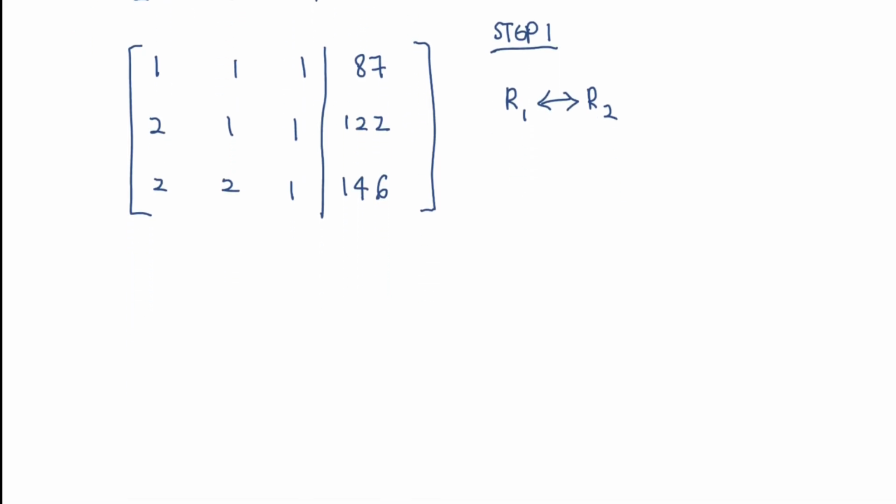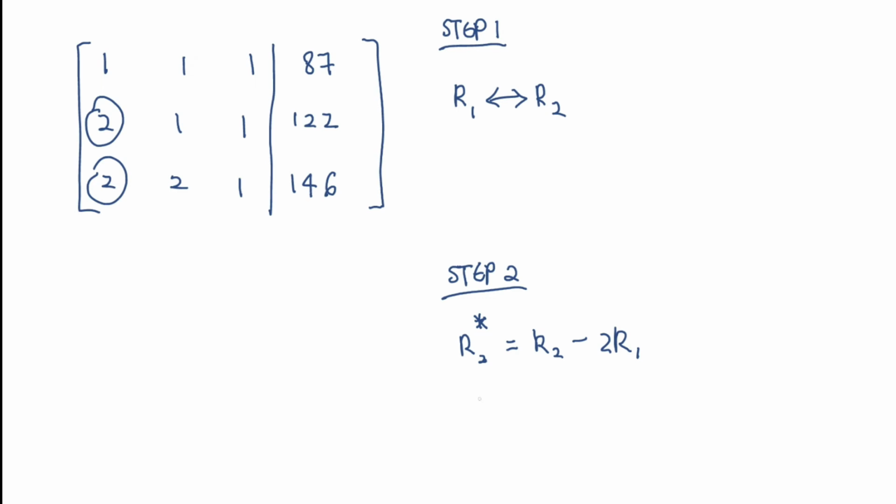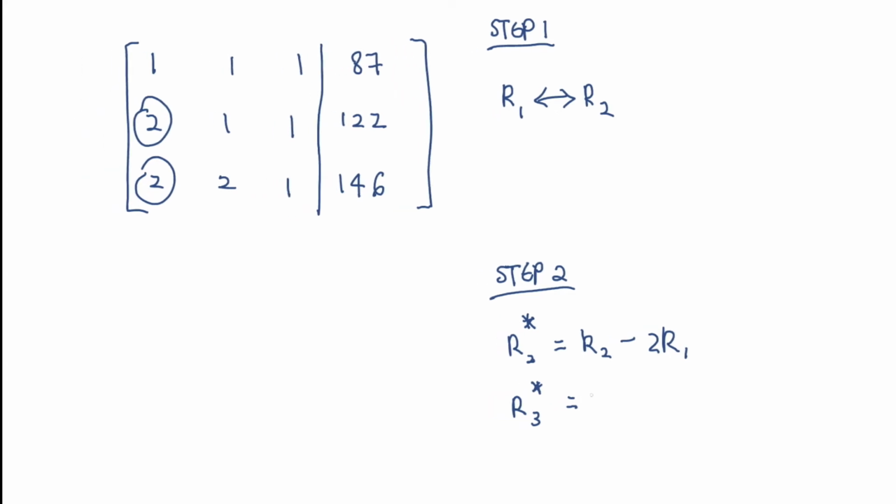Then, for step 2, you want to obtain the elements under the leading diagonal into 0. So what will happen? The new row 2 is equal to the original row 2 minus 2 row 1. And then the new row 3 is equal to the original row 3 minus 2 row 1.